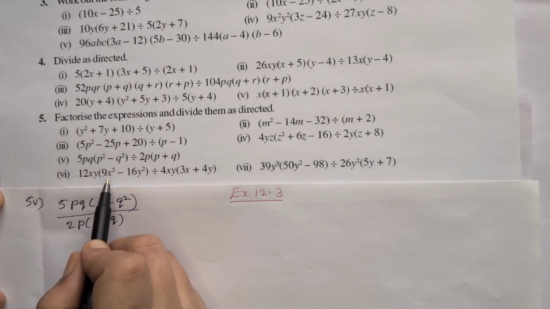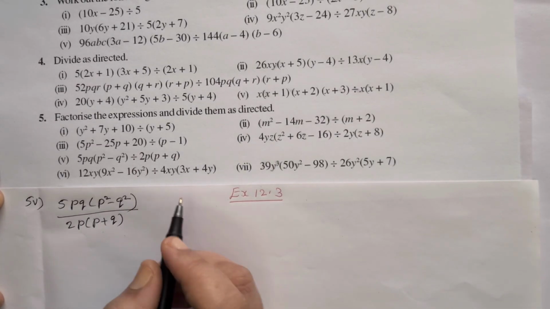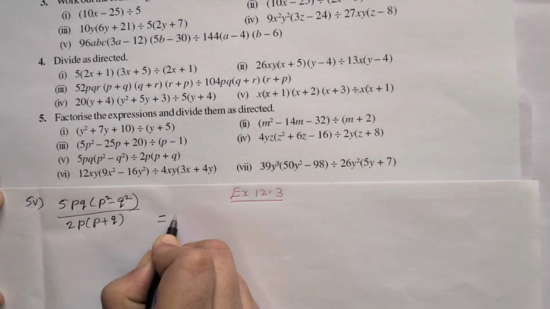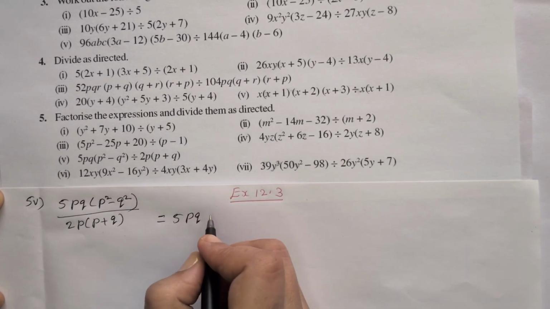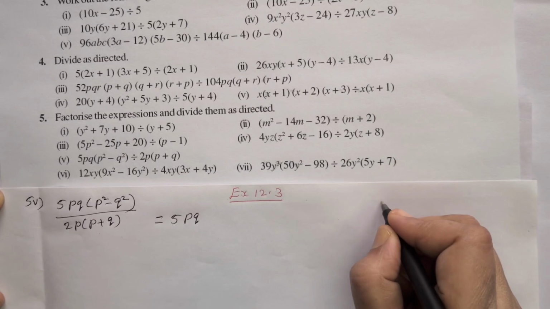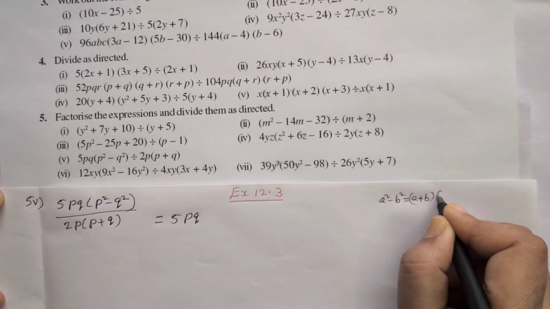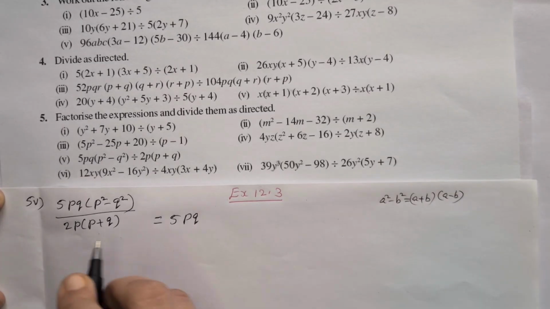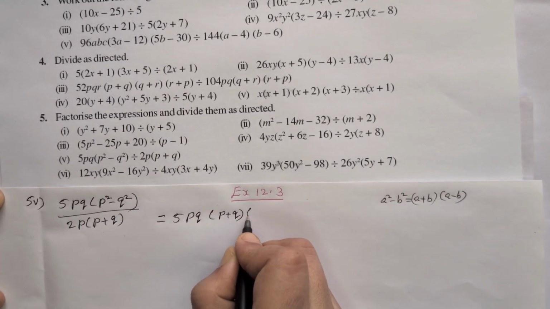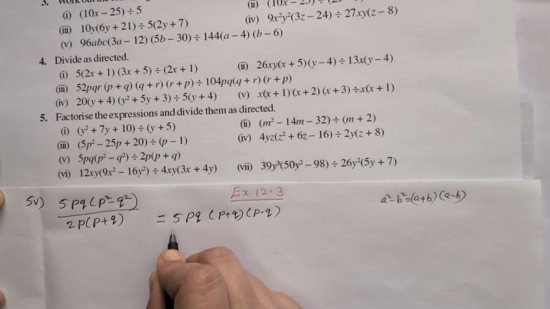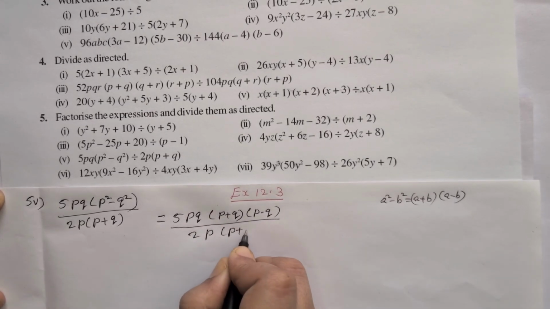Fifth one: 5pq into p square minus q square, divided by 2p into p plus q. This we can rewrite as 5pq into p square minus q square, using the identity a square minus b square is equal to a plus b into a minus b. Using that, we can write this as p plus q into p minus q, divided by 2p into p plus q.